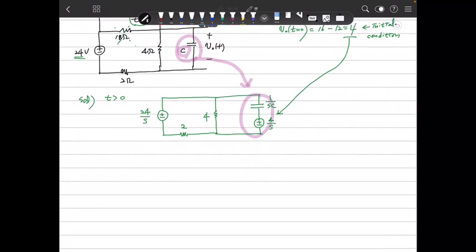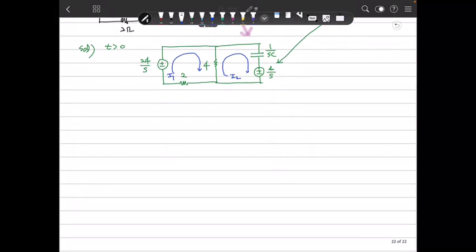To solve this equation, how can we do that? I will make a mesh. This is mesh 1, I1. This mesh current I1 is in Laplace because we are in the Laplace domain. We define the second mesh as I2.